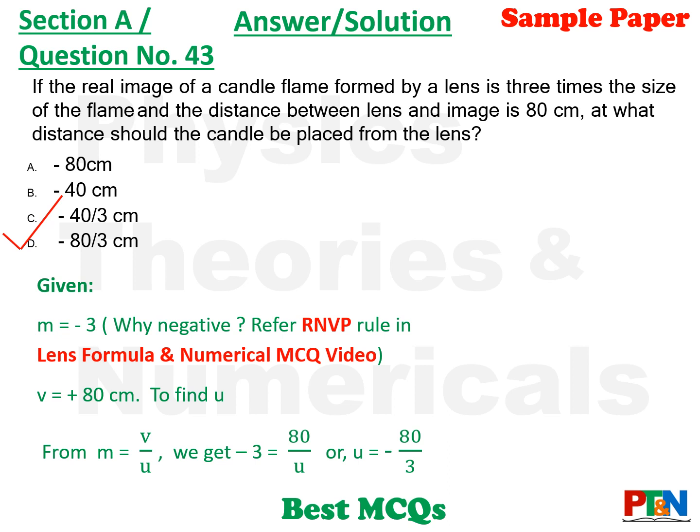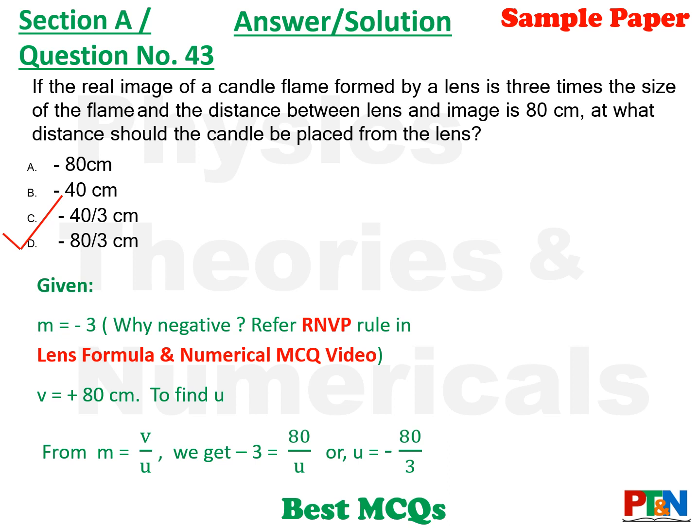So M is -3. What else has been given? You have been given V equal to plus 80 centimeter, because it is a real image. So the image has been formed on the right hand side, because we always assume that the object is on the left hand side. So V is plus 80 centimeter. So we have the relation M is equal to V by U. Put the values there and you get the value of U.